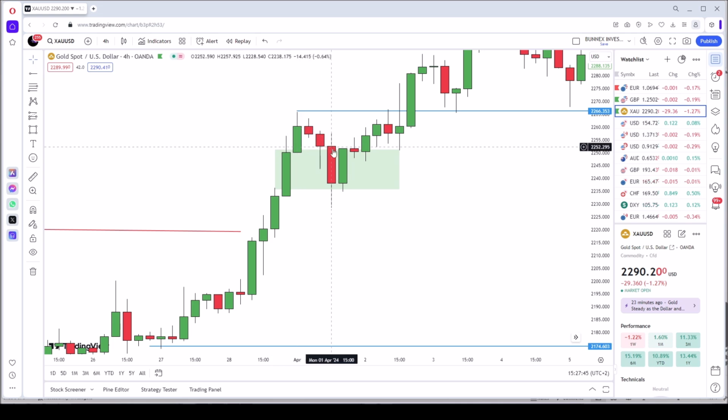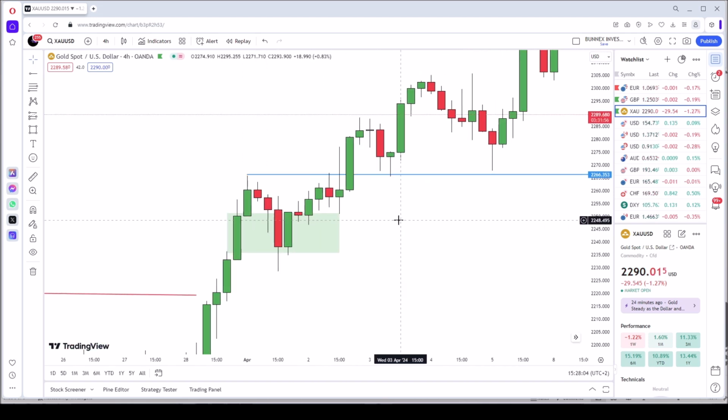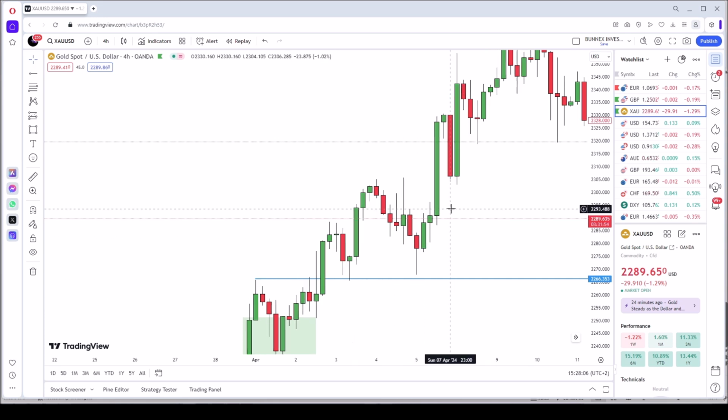Within that, the market came back to retest the middle point of this fair value gap and created a candlestick reversal pattern, which you can refine more by going to lower time frames. Therefore, we were going to make an entry to go to the upside from that particular point.